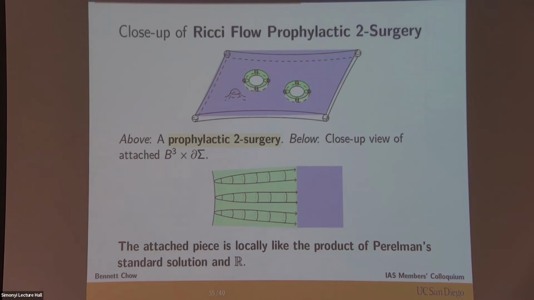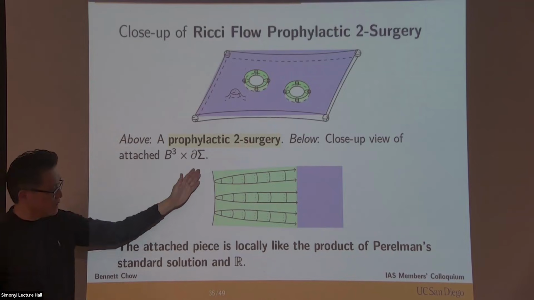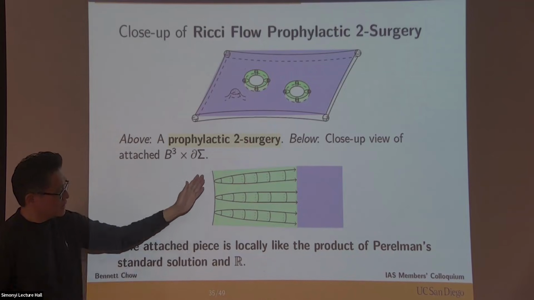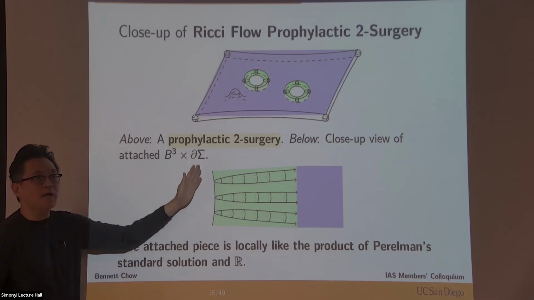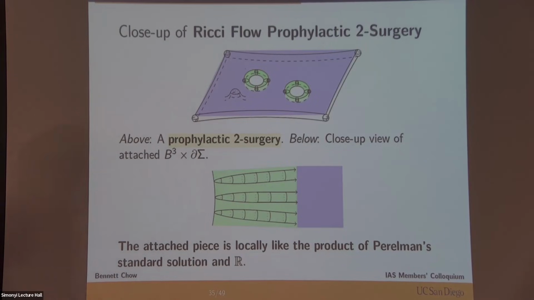So the geometry approximates that of a product metric. You can really imagine putting in Perelman's standard solution crossed with a line and actually effecting a surgery like this. So we'll just call that prophylactic two surgery.